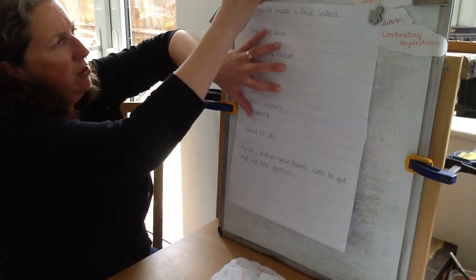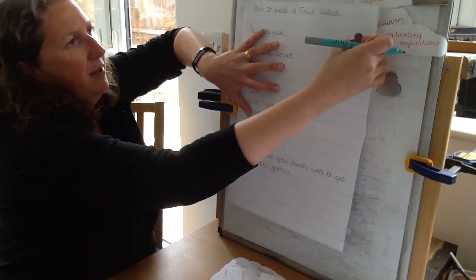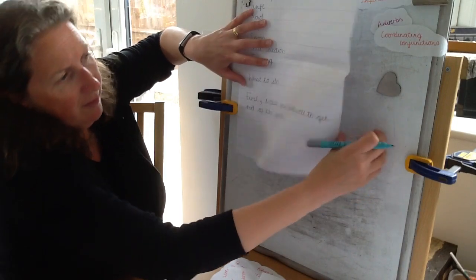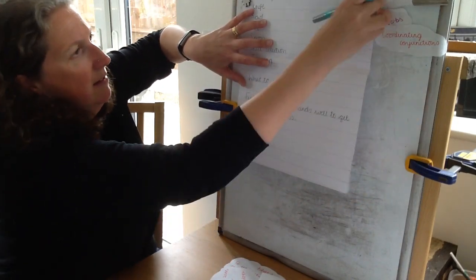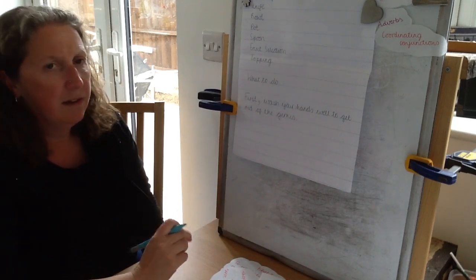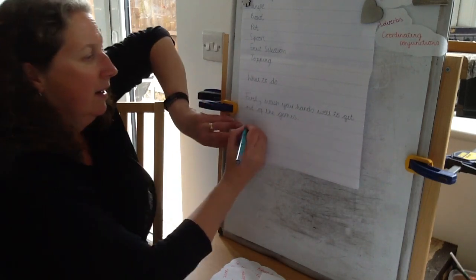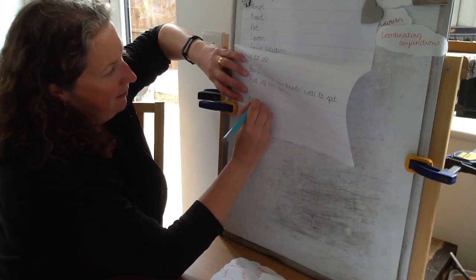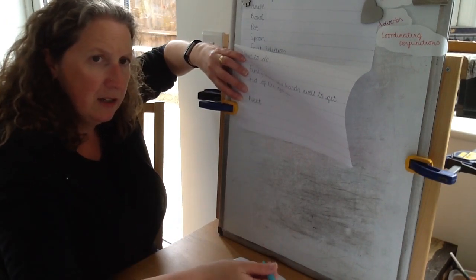Okay, I'm just going to move these up a little bit. So first, wash your hands well to get rid of the germs. Fantastic. So I'm then going to do next. I have to look back.